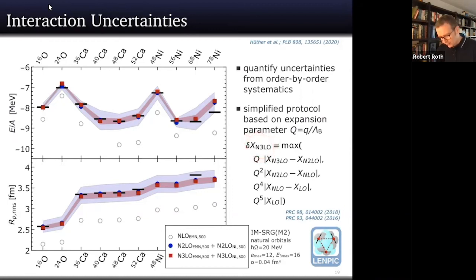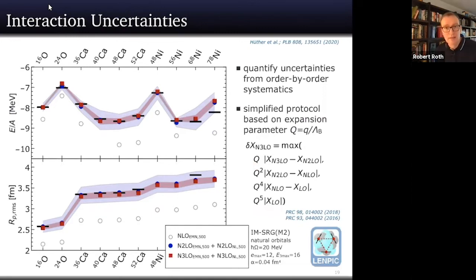So this is an explicit formula for the uncertainty at order N3LO, which has all the differences to the previous orders weighted by successive powers of the small parameter. And you look back all the way to leading order. And if you do that, you get these colored bands here.